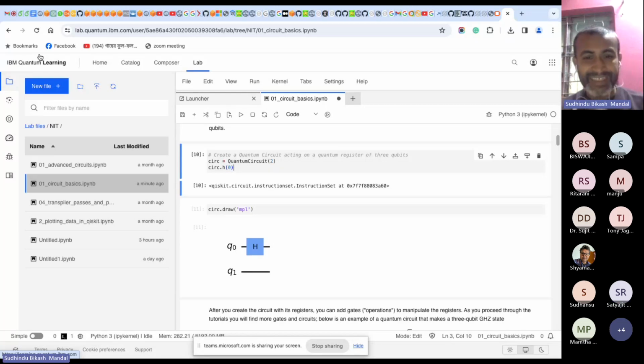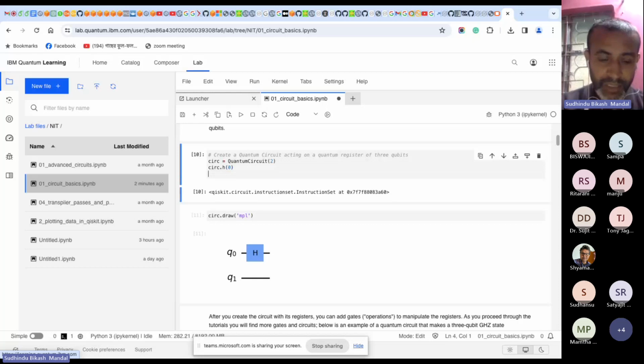Hello. Yeah. Okay. So if you want to do the measurement operator, after this measurement there is no quantum state, so the result will be classical. So we need a classical register to put this.